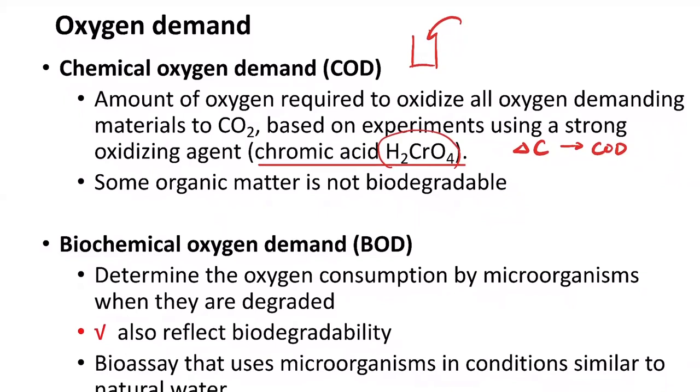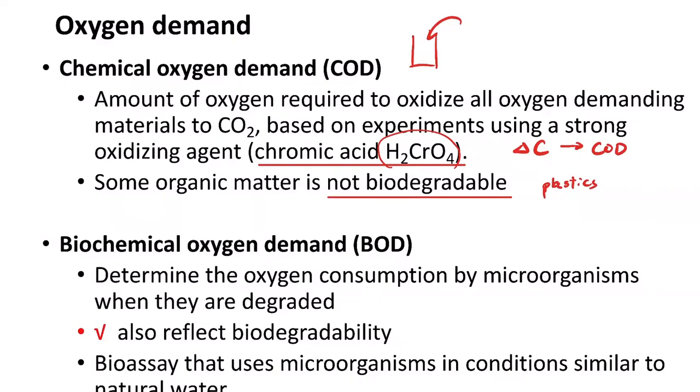But there's another problem associated with this. There are many species in nature that are not biodegradable, for example, plastics. If we just throw plastic bottles into the water, although it's still polluting the environment, these plastic bottles are not going to consume any oxygen, mainly because they're so stable. They're not being consumed by any of the microorganisms.